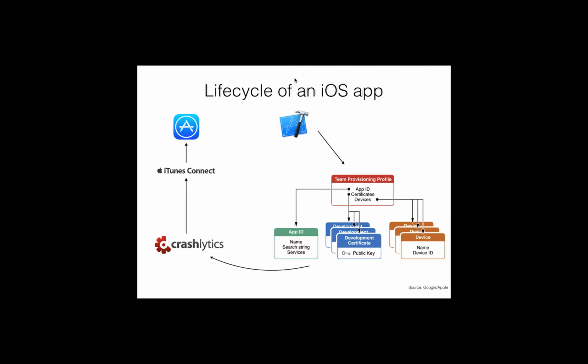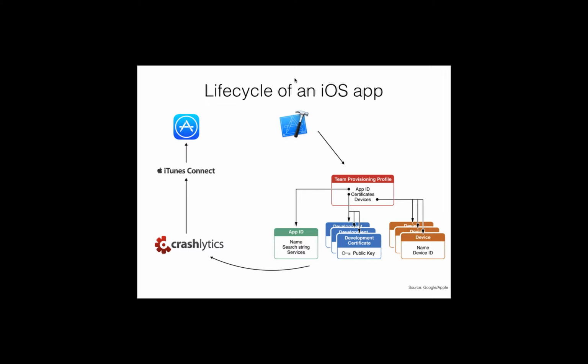So one is the identifier that you give to the app, say your product name, your company name, something like com.thoughtworks.iosapp. That's something that you give as a unique ID for your app. Similarly, Apple gives an ID to the app. So the combination of these two forms the app ID, which uniquely identifies your app.